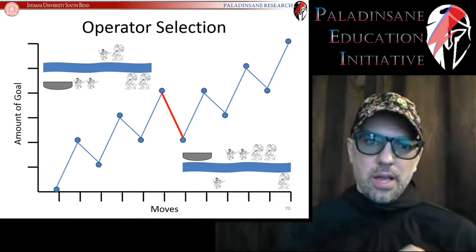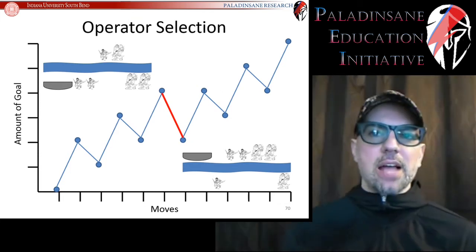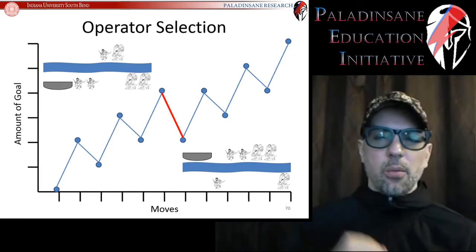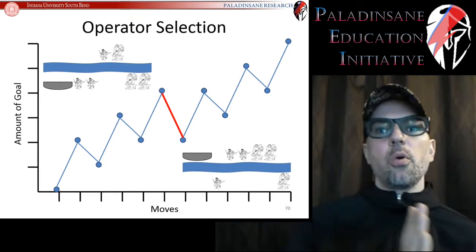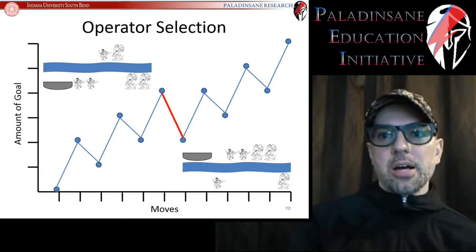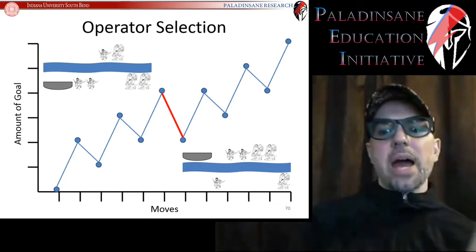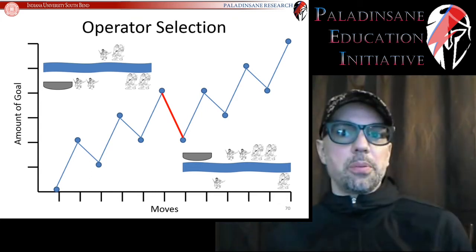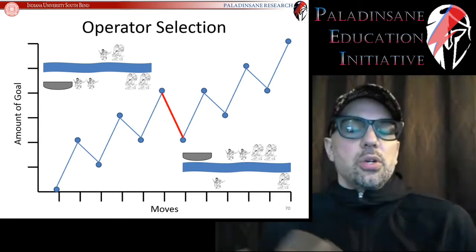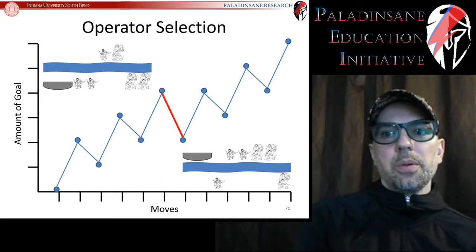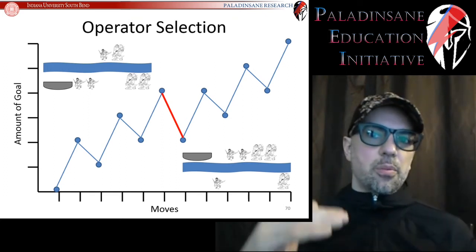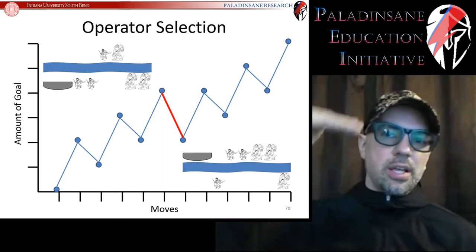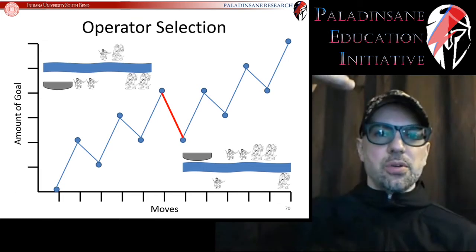And it's identifying phenomena like this that allows psychologists to understand that what's going on here is people are avoiding that backup. They have backup avoidance. They're avoiding undoing what they just did. We just took two people across. We intuitively want to avoid sending two people back. You also want to solve the problem and get to the solution in as big a step as you can.